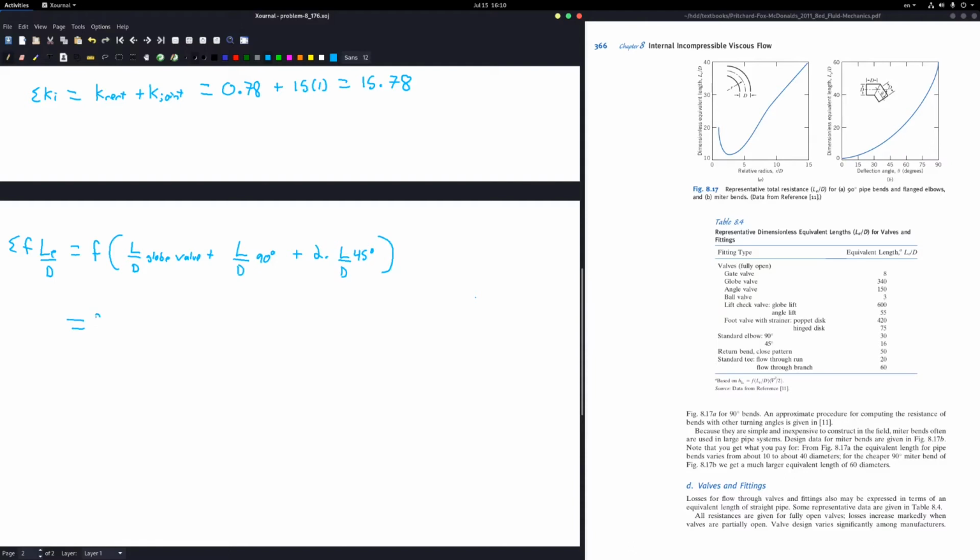Now looking at table 8.4, our equivalent length for our gate valve is 8. For an elbow joint, it is 30. And for a joint that is at 45 degrees, it is 16. Placing all this together, we get our major losses as being 0.945.